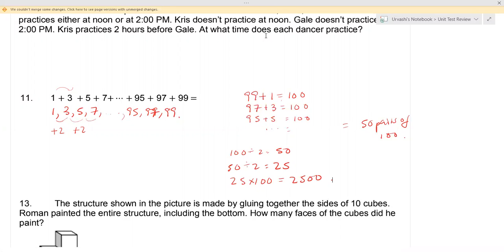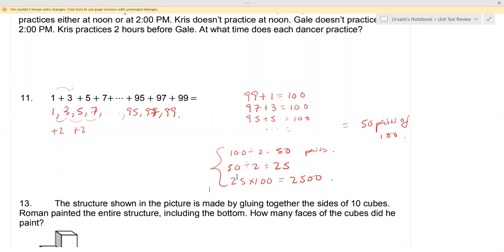And then divide by 2 equals 25. So 100 divided by 2 would be 50 pairs. And then 50 divided by 2 would be 25. So then I did 25 times 100. It equals 2,500. There we go.